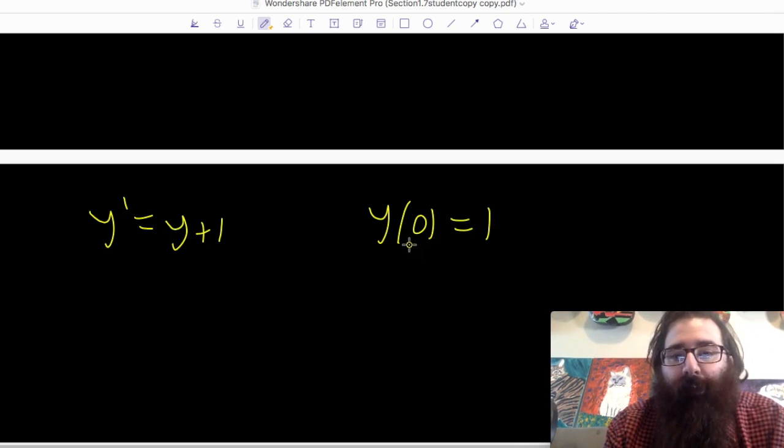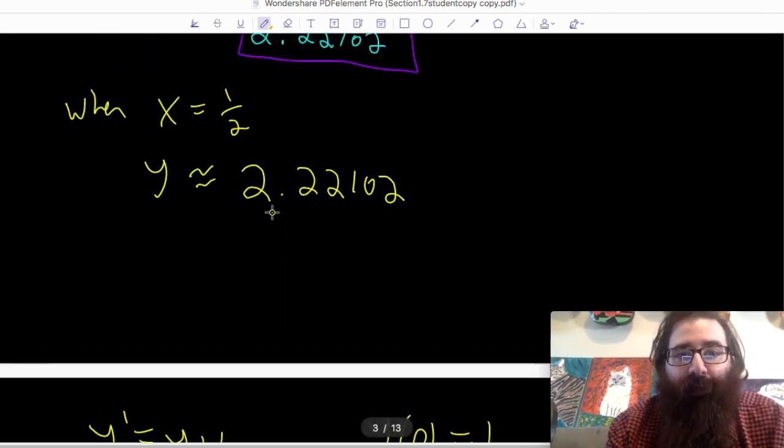So for an initial value problem, it's nice to have a backup, right? Just like I deal with Riemann sums in calculus, we want some numerical method that we can fall back on if we're not able to really have any success with calculus or something like that. Also, what's nice about this method is that I don't have to know anything about solving differential equations to get these approximations.